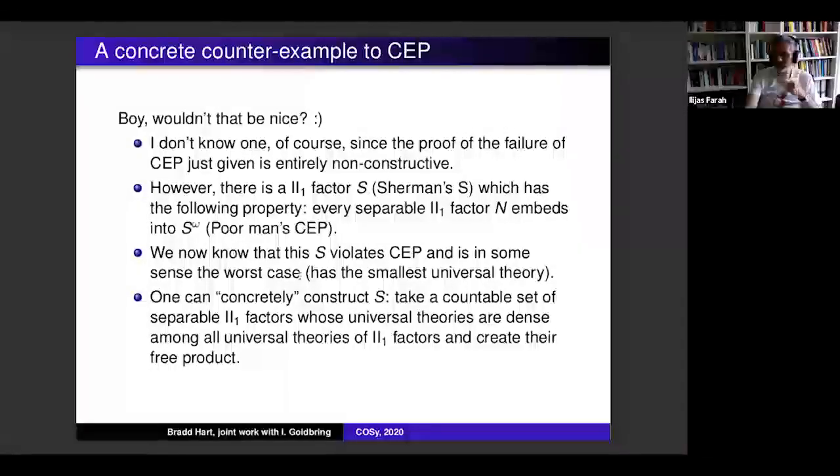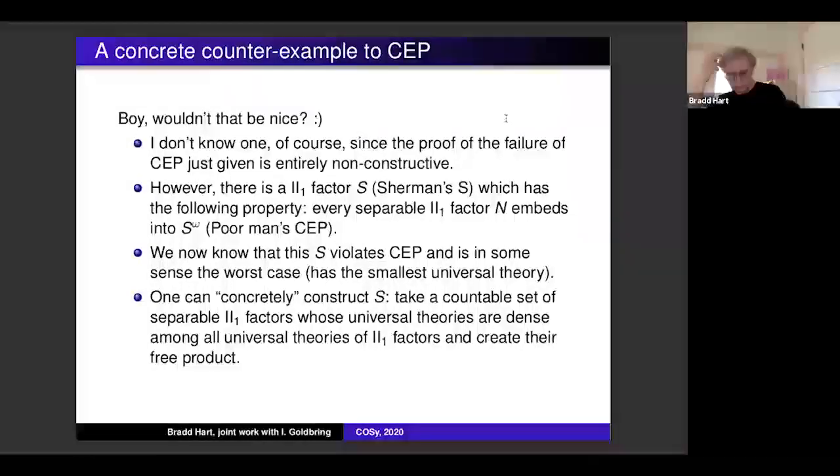There is another good question in the chat from Marius Junge. I can read it if you want. Sure. Is there a commuting operator algebra polynomial which is not decidable in some von Neumann algebra? Honestly, off the top of my head, I don't know the answer to the question.